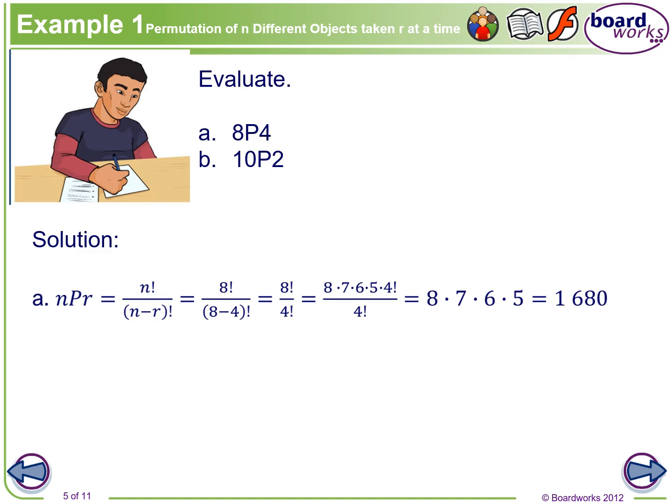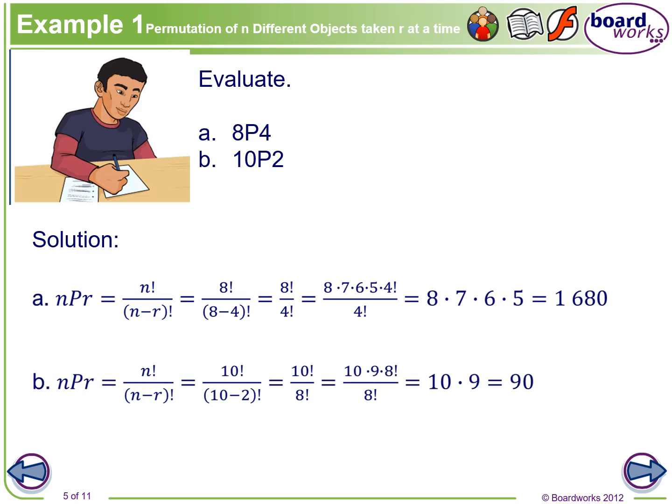When we say 8 factorial, it is 8 times 7 times 6 times 5 times 4 factorial. Why until 4 factorial? So we can cancel out the 4 factorial in the denominator and the numerator. What's left is 8 times 7 times 6 times 5, which is equal to 1680.